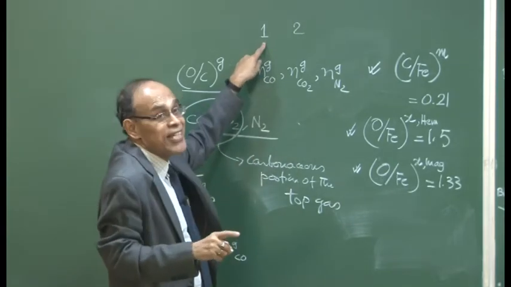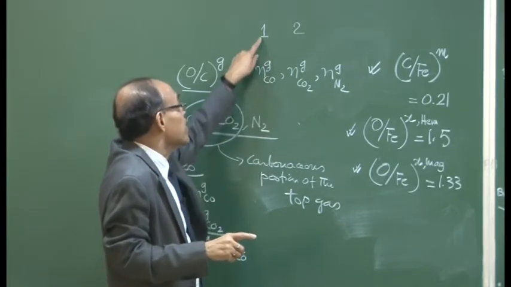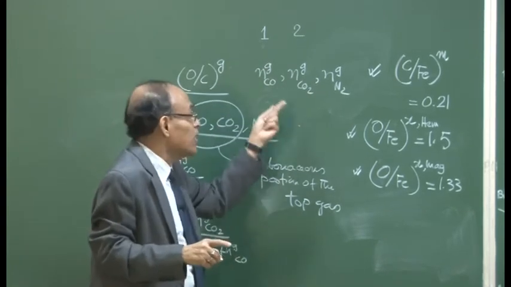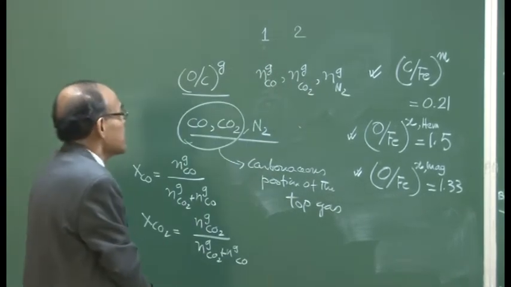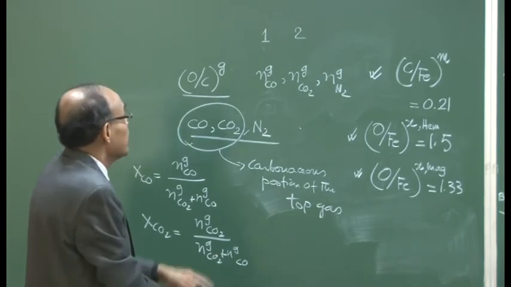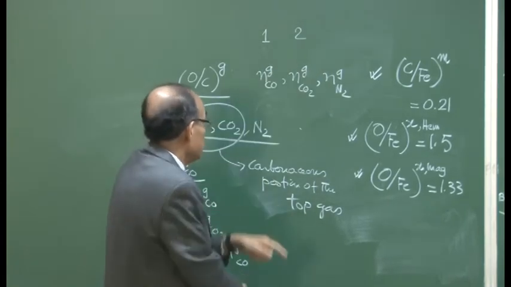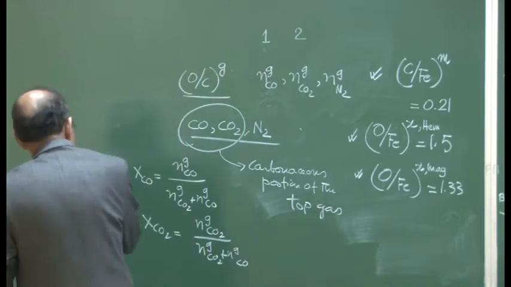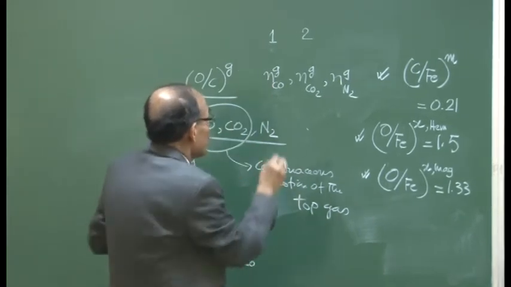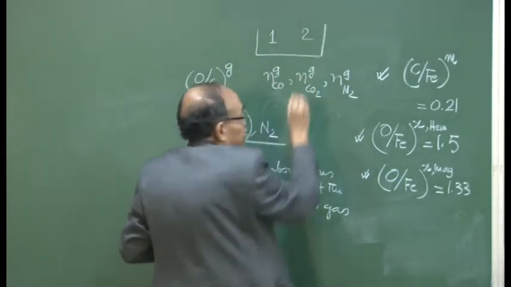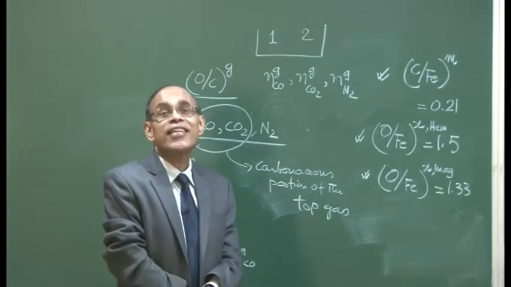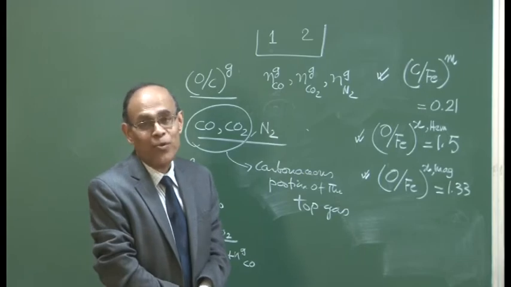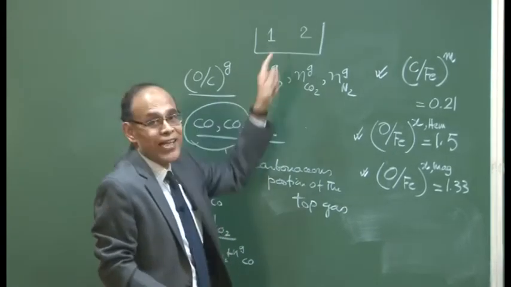In that case the O by C ratio is 1. On the other hand, if it is 100% CO2 in the carbonaceous portion, the O by C ratio is going to be 2. So, in the top gas the O by C ratio in the carbonaceous portion will vary between 1 and 2.